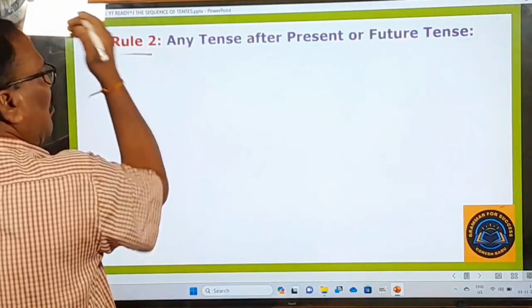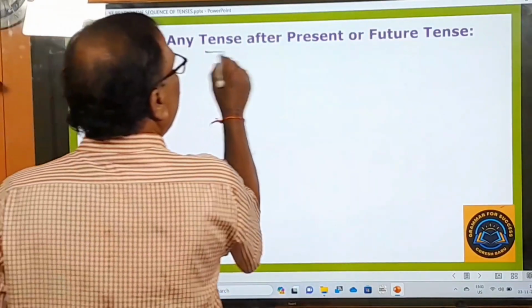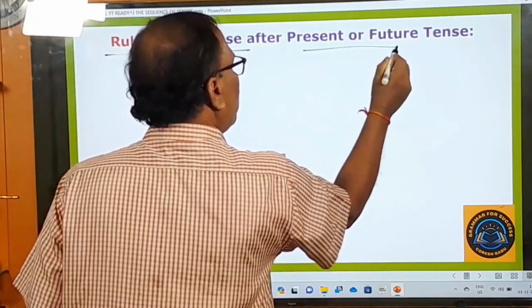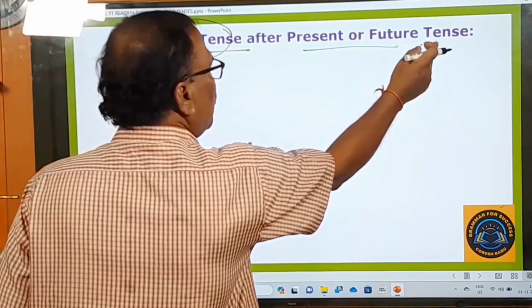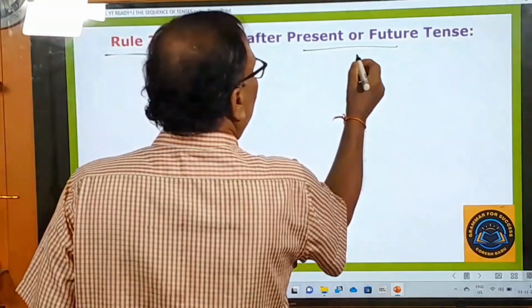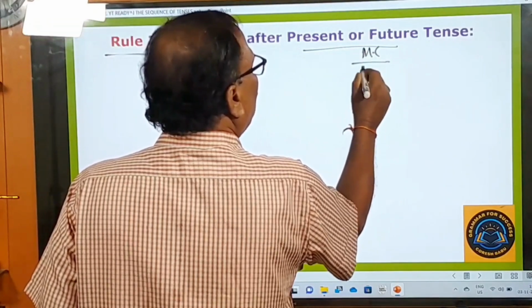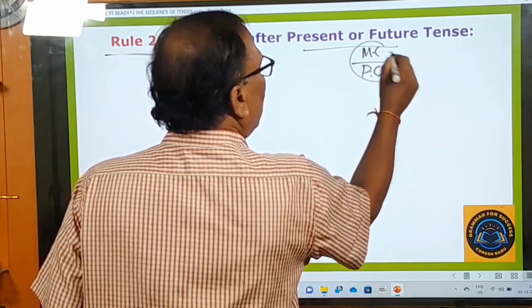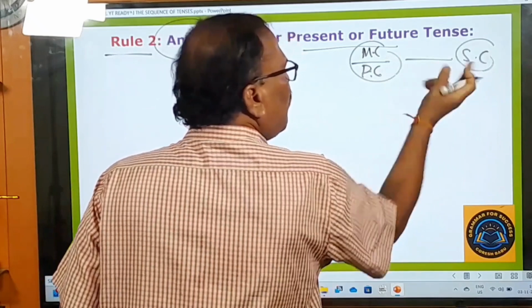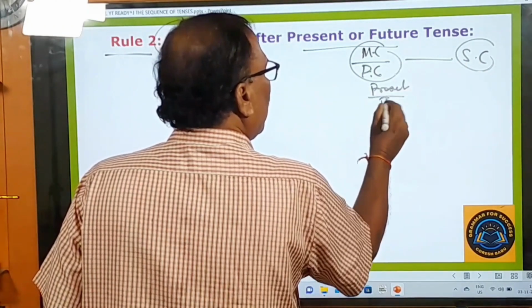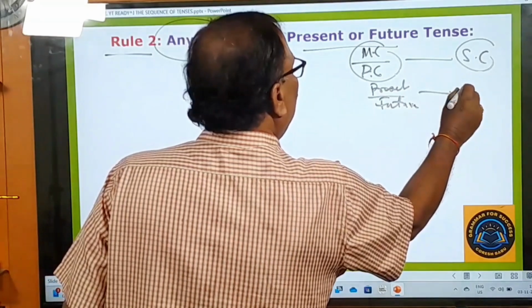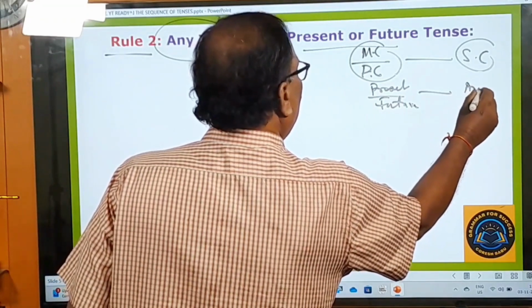Rule 2 is there. Okay, the first rule is over. Any tense after present or future tense. Any tense can be used after present tense or future tense. That means in the main clause or principal clause, and this is the subordinate clause. This diagram will help you. Whenever there is a present or future tense, there can be any tense.